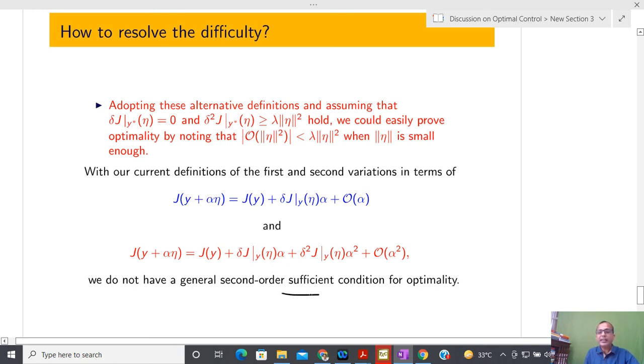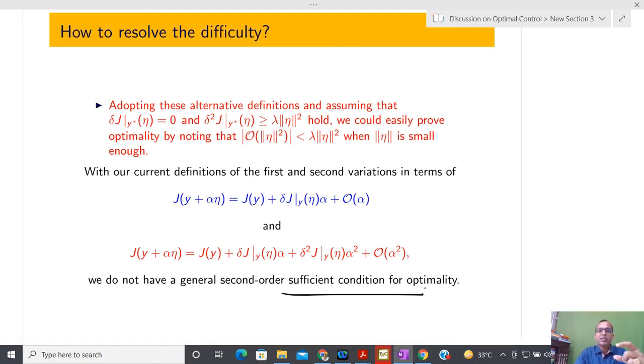And due to that reason we also have to talk about the Gateaux derivative. Let us again try to see that the first order necessary condition is exactly the same as in the finite dimensional optimization problem case. Suppose I want to calculate the local minima in the case of a finite dimensional optimization problem.